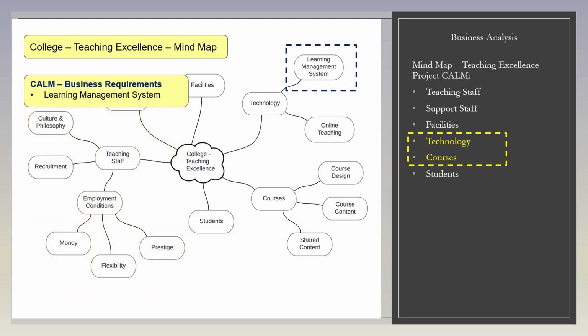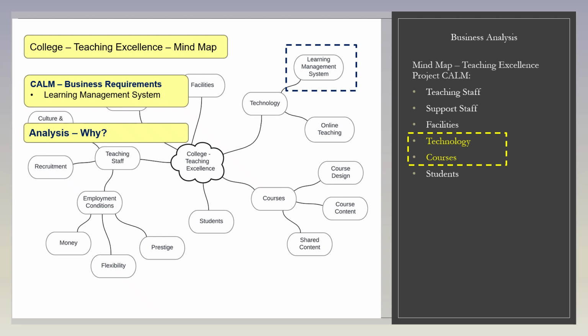So we can take our mind map and our initial set of requirements and ask that question of the stakeholders. Why do you want a learning management system? Maybe it seems like a good idea, maybe other colleges are using them, but we need more detail related specifically to our project.